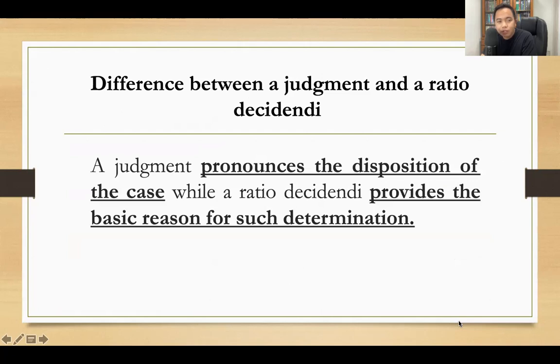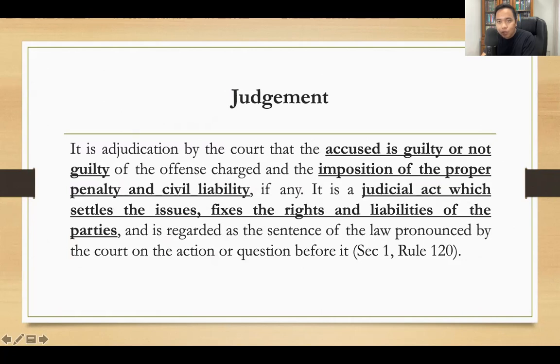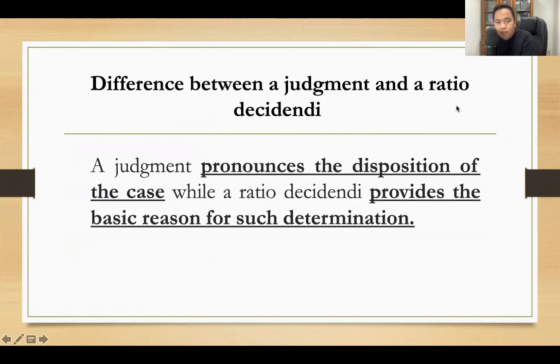Now, what is the difference between a judgment and a ratio decidendi? Usually, class, you will be able to read some court decisions, and not all of it will form part of the judgment. Some of it will be a mere ratio decidendi. A judgment pronounces the disposition of the case. It pertains to the facts in issue, while a ratio decidendi provides a basic reason for such determination.